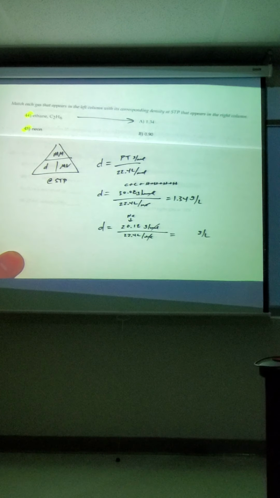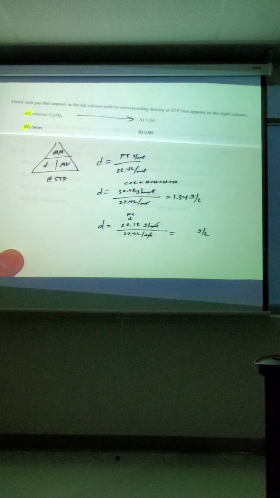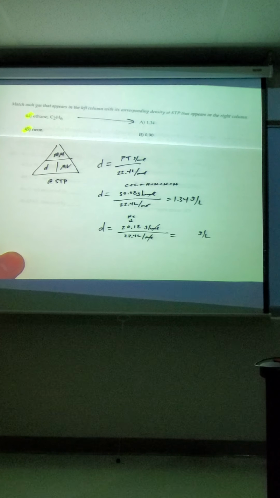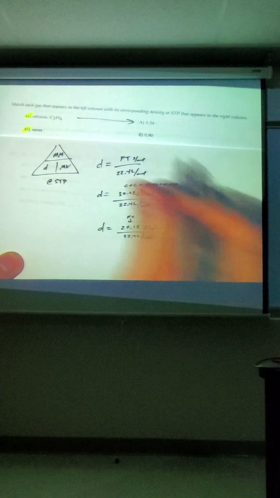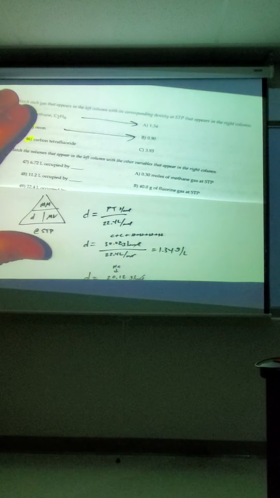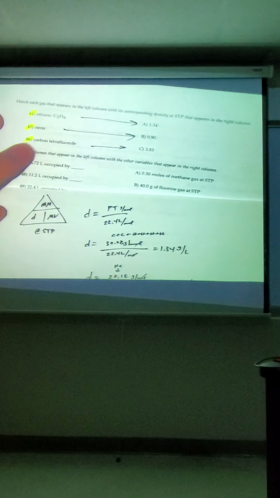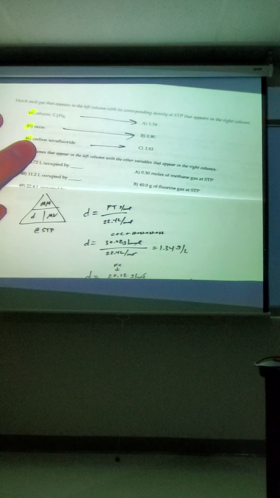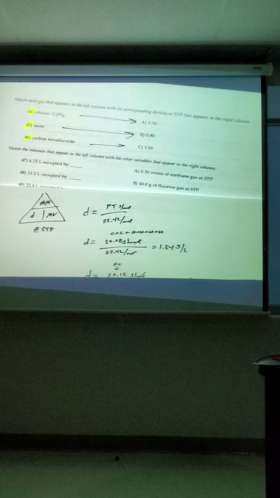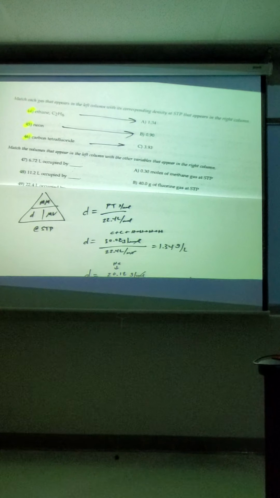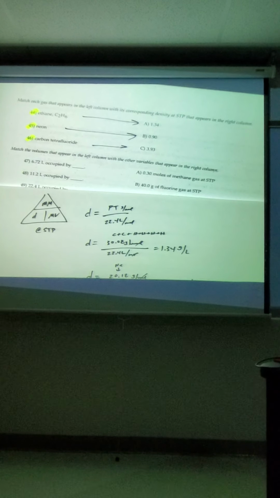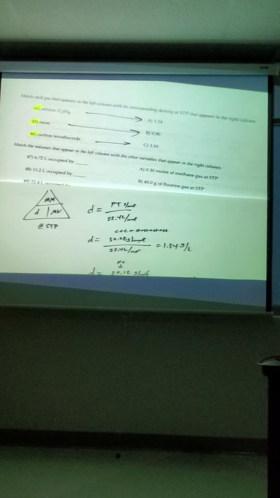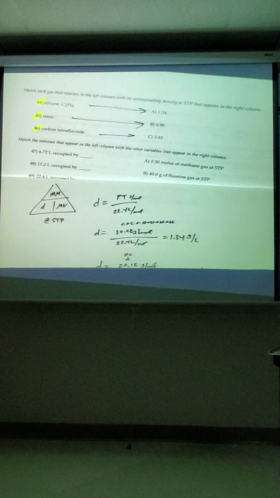So 20.18 divided by 22.4, and we get 0.90, which happens to be straight across. So now we know that this is the last one. This would be carbon at 12.01 plus 4 times 1.01 divided by 22.4 liters, and you'll get the last answer of the last homework, and we're done for the rest of the semester. Good luck on your final.